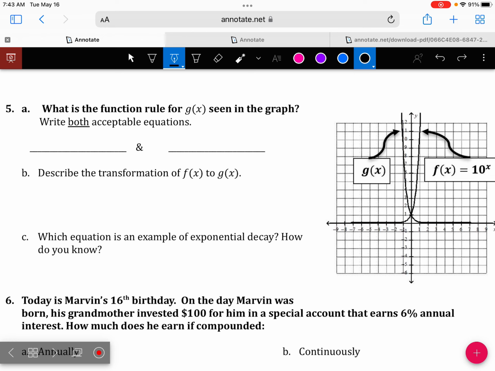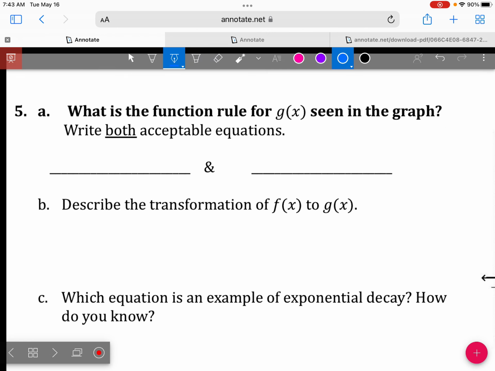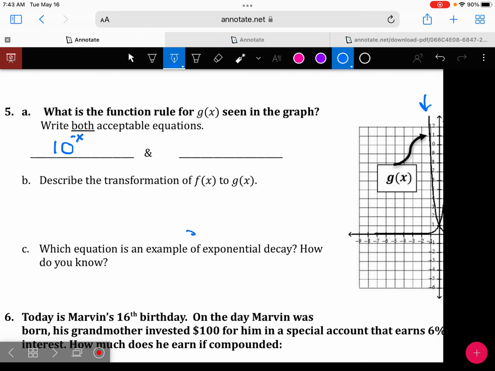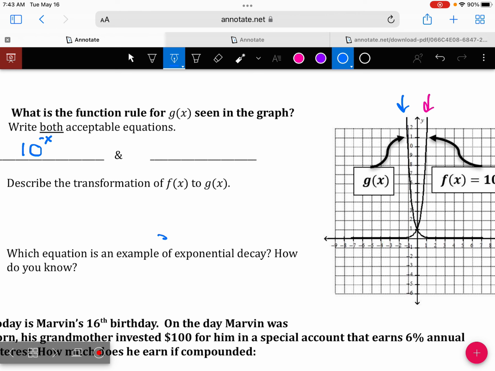So the way we get from f of x, which is this guy, to the g of x here, is you could either do 10 to the minus x and make all of your x's change sides. That's okay. If I do my opposite of x, it means, all right, this guy's going to flop over here. This guy's going to flop over here. This guy's going to flop over here. It makes my x's switch sides.